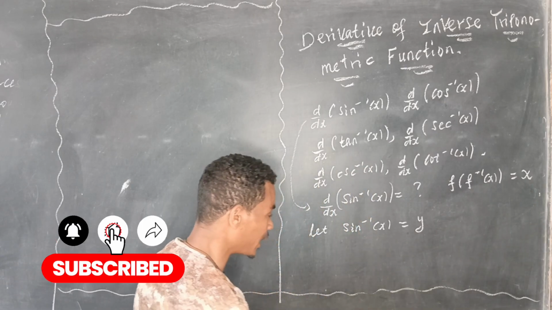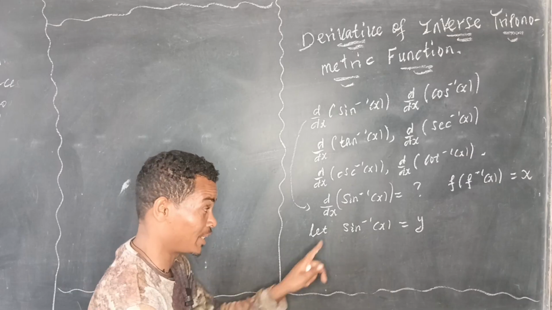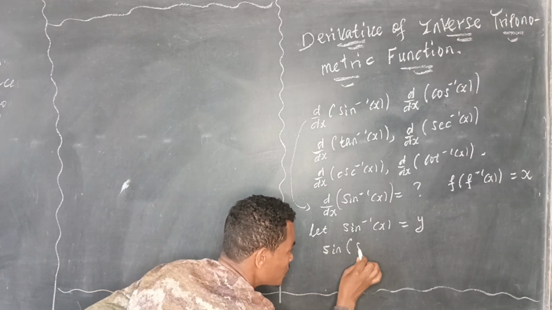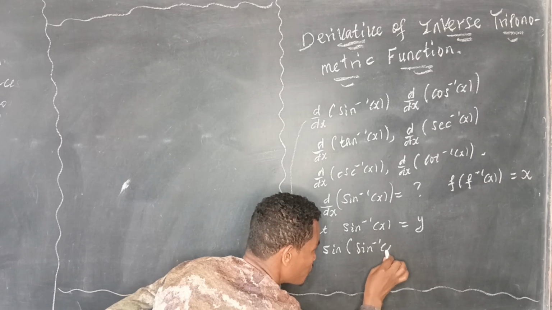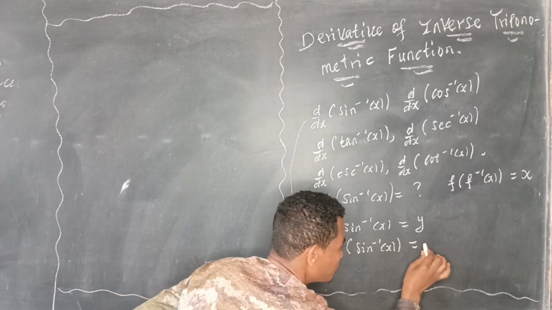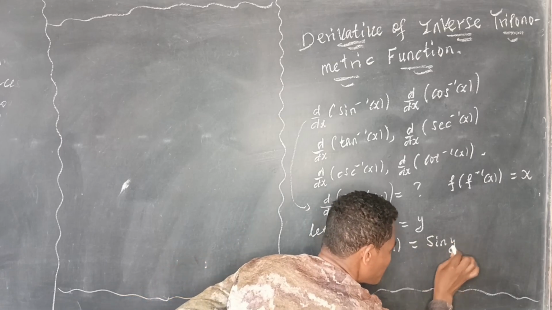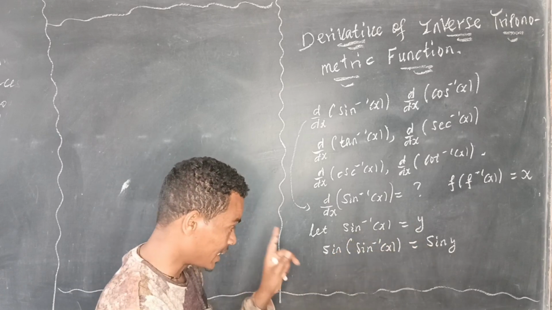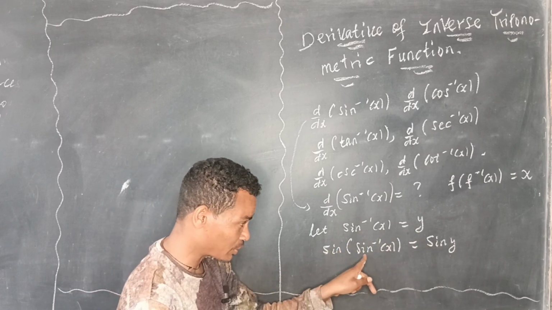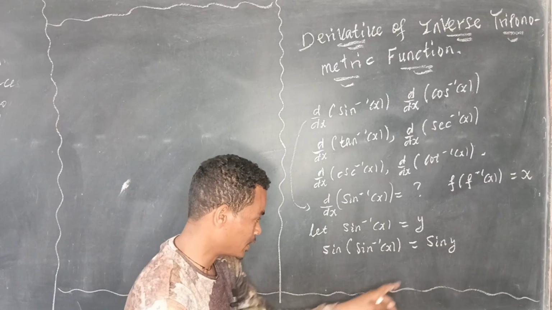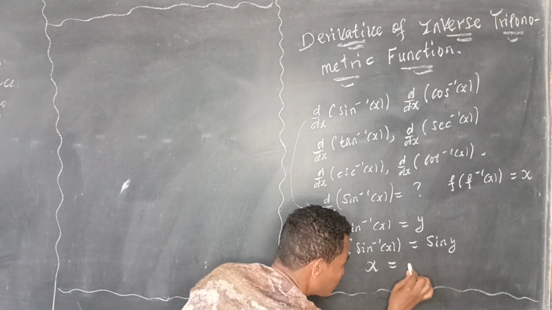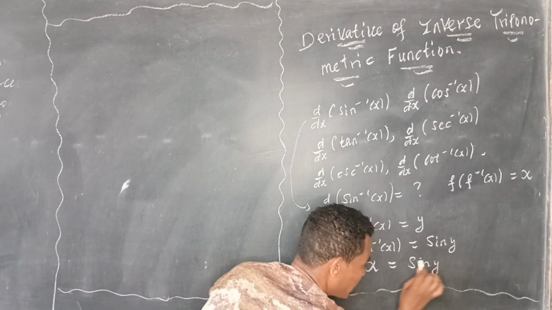Based on this, let's take sine on both sides: sine of sine inverse of x is equal to sine y, so x is equal to sine y.